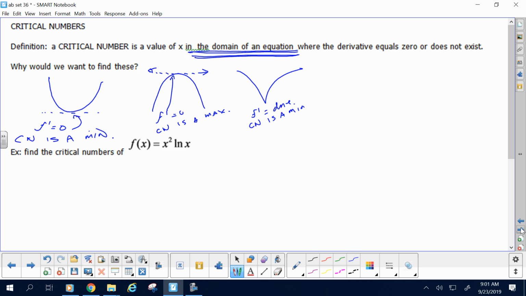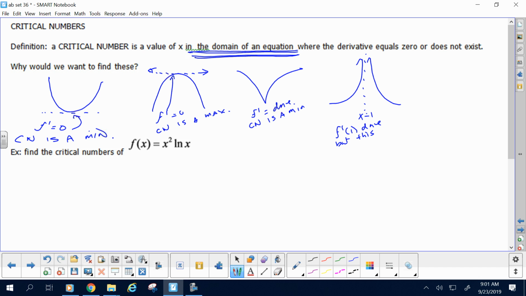There are, however, other cases. What about this? If you had a graph that looked like that, would the derivative not exist at 1? F prime at 1 does not exist, but is this a critical number?